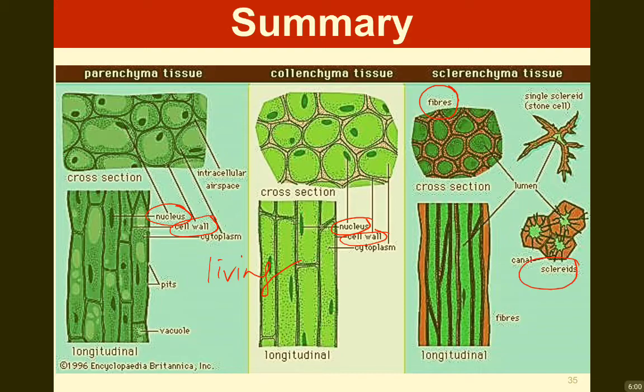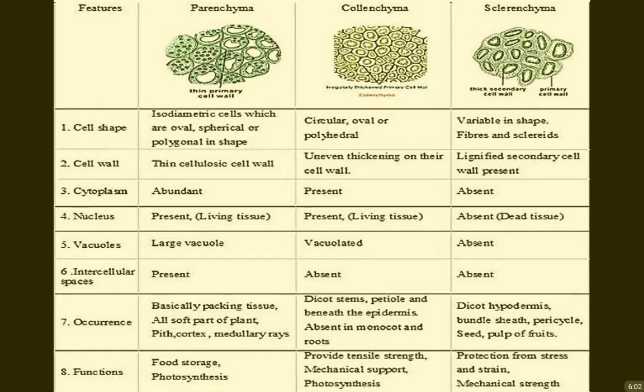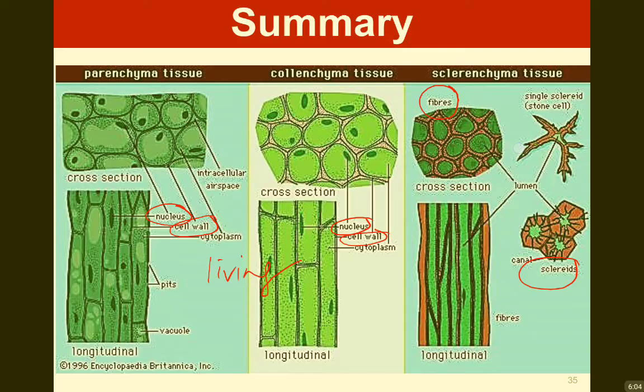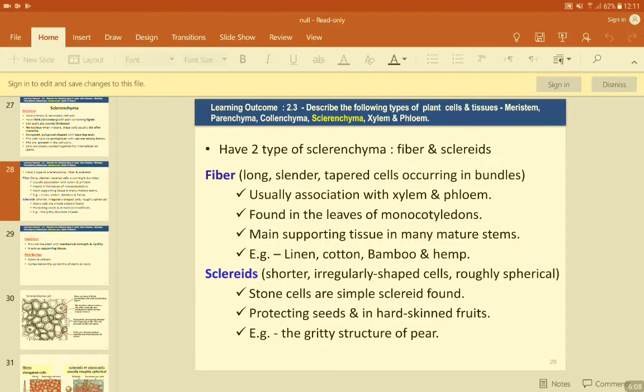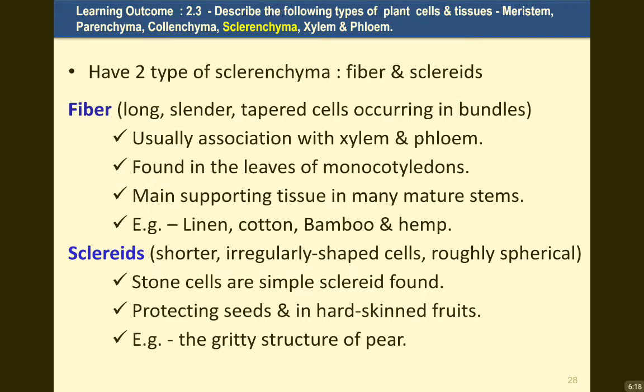About these two types of sclerenchyma, fiber and sclerid, what's the difference here? Fiber is long, slender, and tapered cells. Tapered means the end is sharp.